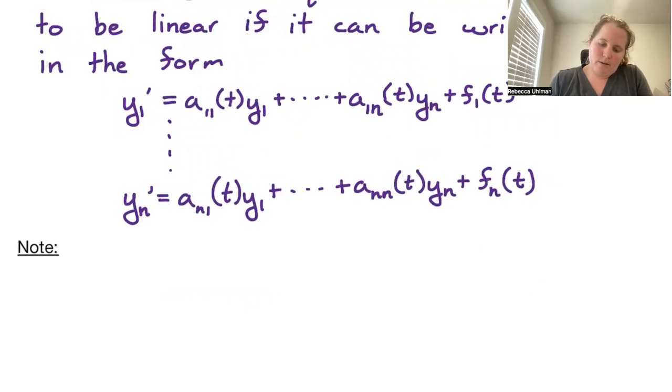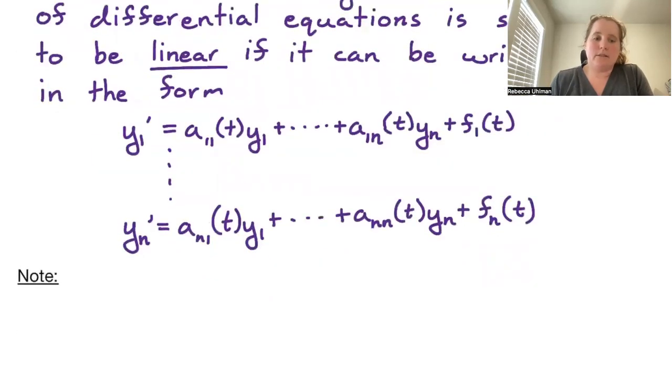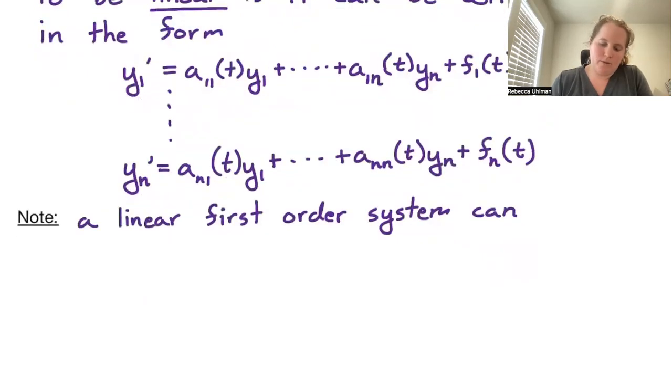So note, a linear system, a linear first order system can be rewritten with matrices.